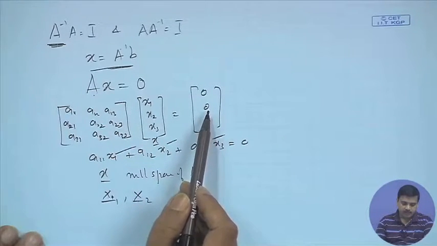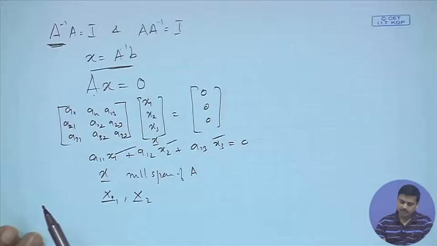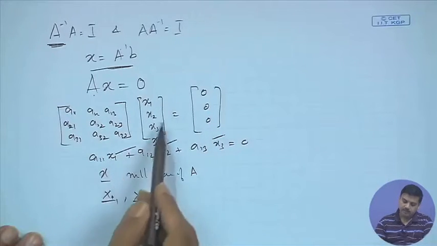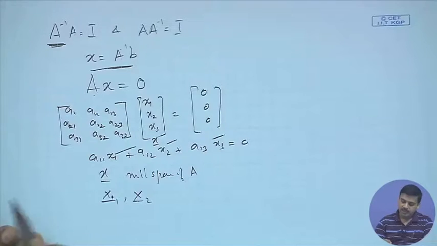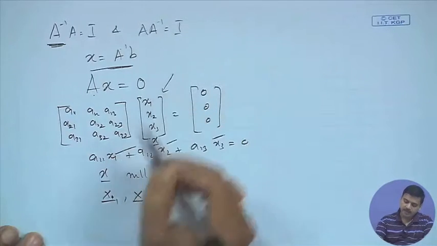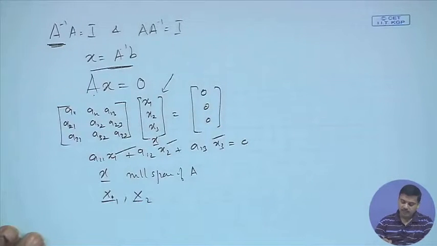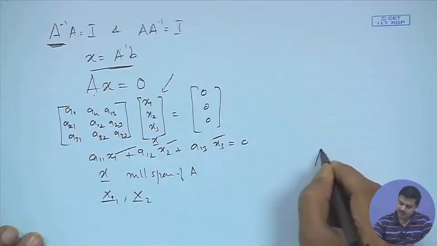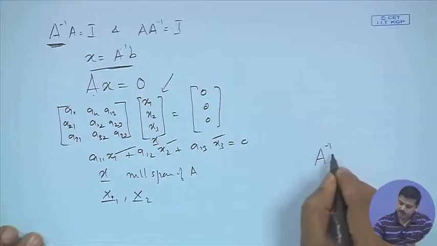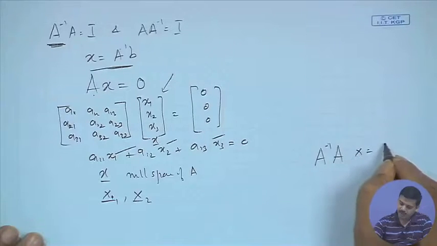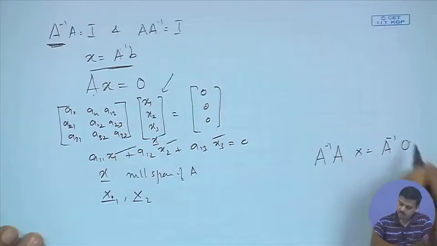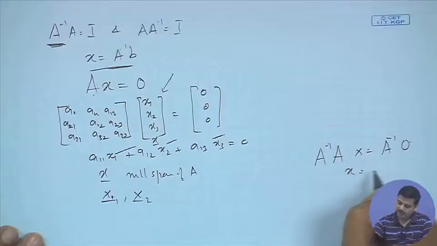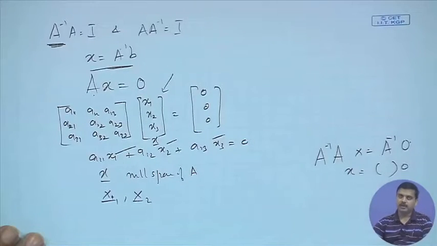And what is important to remember is that I cannot get back x if I take the inverse from this. Just imagine that I multiply by A inverse. What do I have? I have x equals something multiplied by 0.